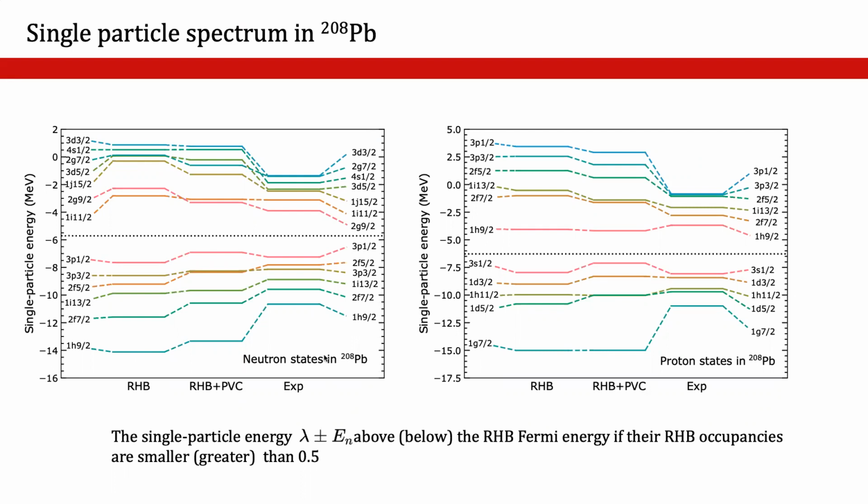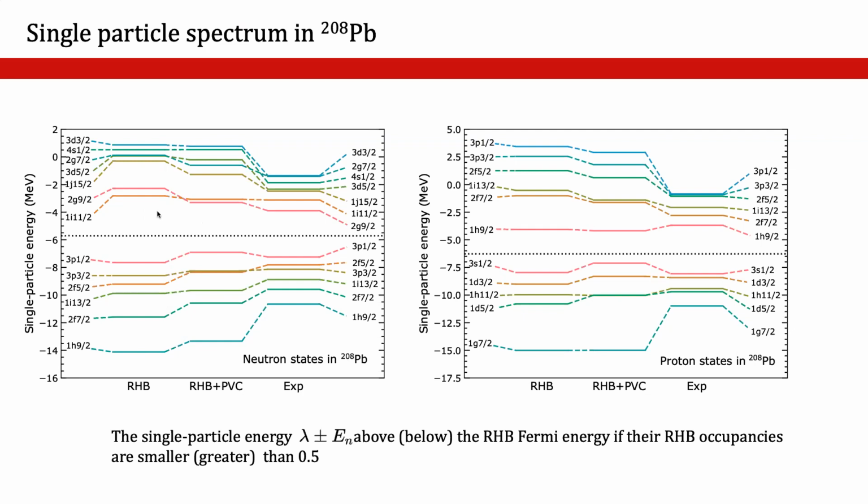We can see the spectrum calculated with the PVC shows a pronounced increase of the level density around the Fermi surface compared to the pure HFB calculations. And in some cases, the order of the levels is inverted.